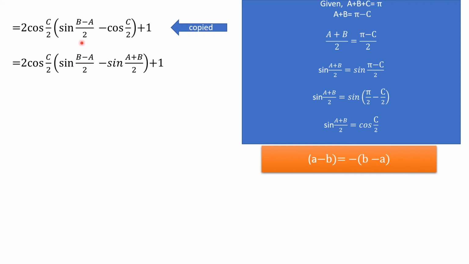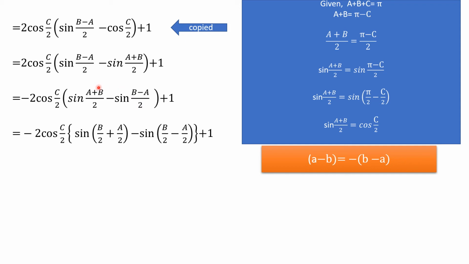Let's consider this whole as A and this whole as B. So it is A minus B. So on taking minus common, we can write this as sin A plus B by 2 minus sin B minus A by 2. Isn't that? And then we'll split LCM over here and over here to get this line. Please take your time to understand.